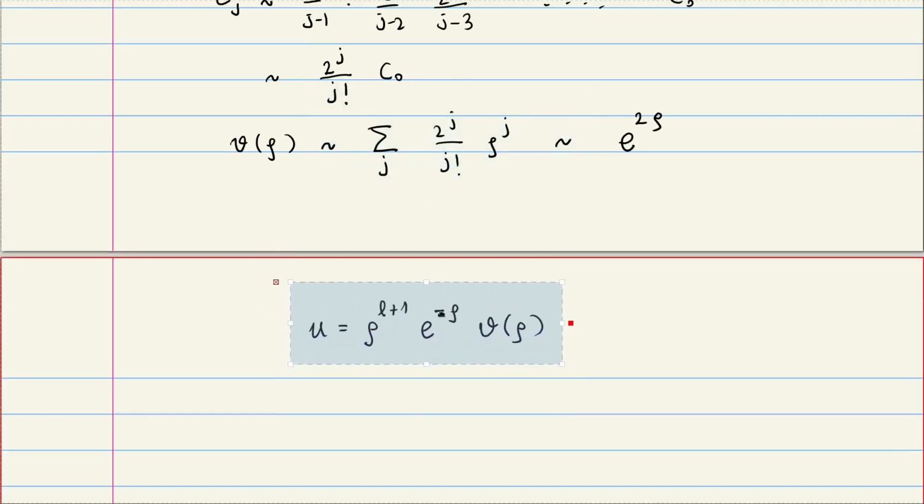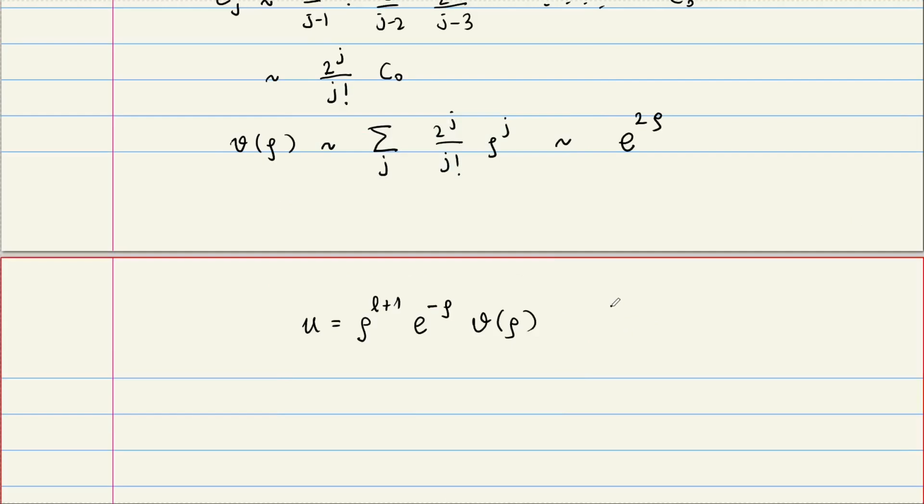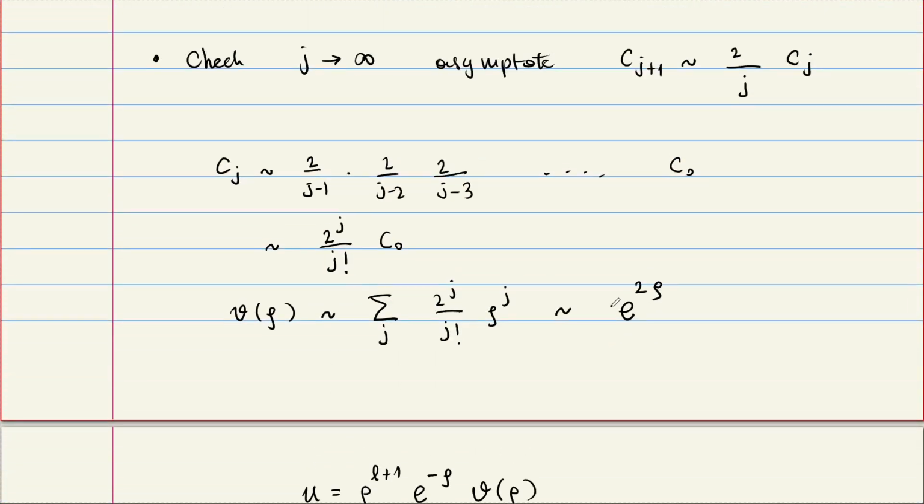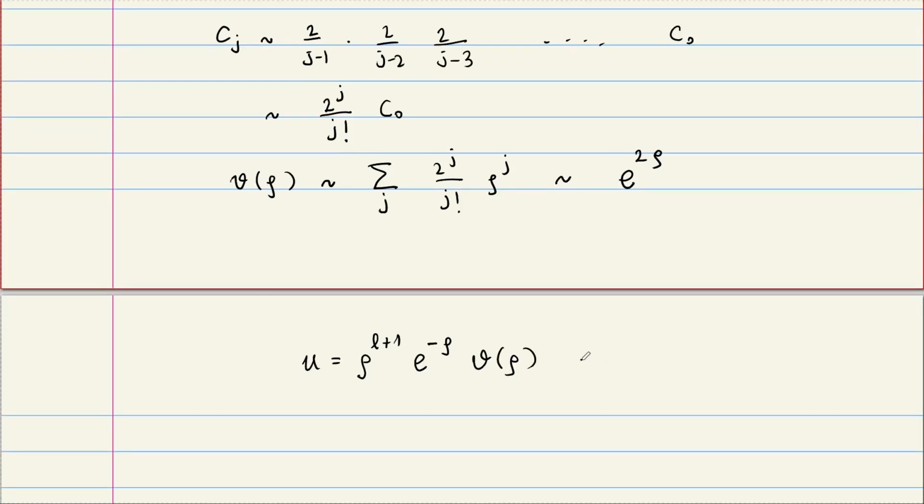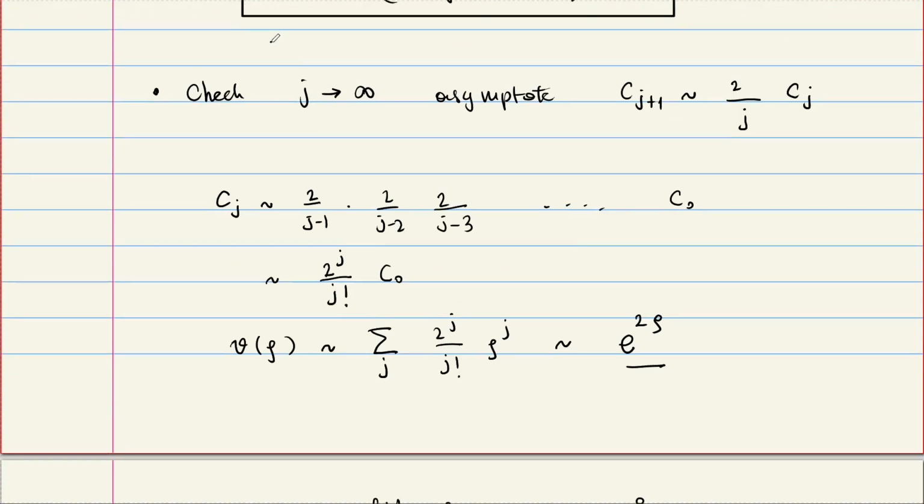Asymptotically, j minus 1, j plus 1 doesn't matter, right? Because it is not an equality sign anyways. So that means this thing is asymptotically e to the minus rho here and plus 2 rho here. It's going to be e to the rho and this thing is going to blow up as rho goes to infinity. So because we didn't take care of the j goes to infinity asymptote, the rho goes to infinity asymptote also blew up.